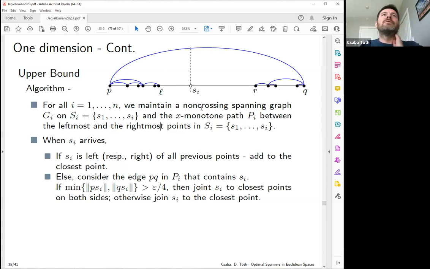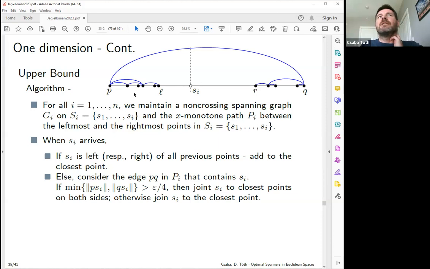And there are three cases basically. The new point is always contained in one of the edges of this path that was mentioned here. And we have three possibilities based on the endpoints of these edges. If the new point is very close to the left endpoint, then it would be added to this cluster.